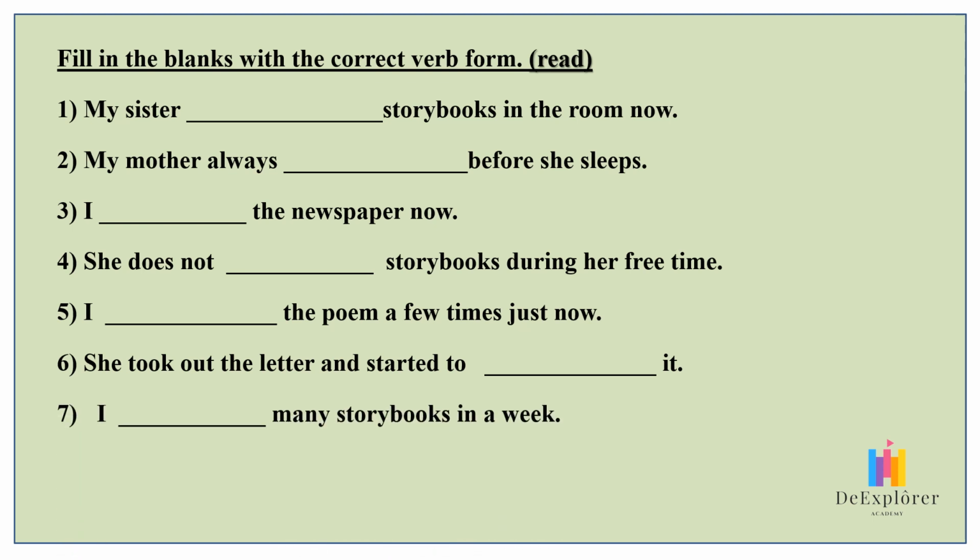Number 7, in a week 就是一个星期里面我读很多故事书，是一个事实来的，真的，一个星期读很多故事书。And the last one, see the word yesterday. Okay, so I'm not going to tell you the answer, but I want you to copy all the sentences into your exercise book.